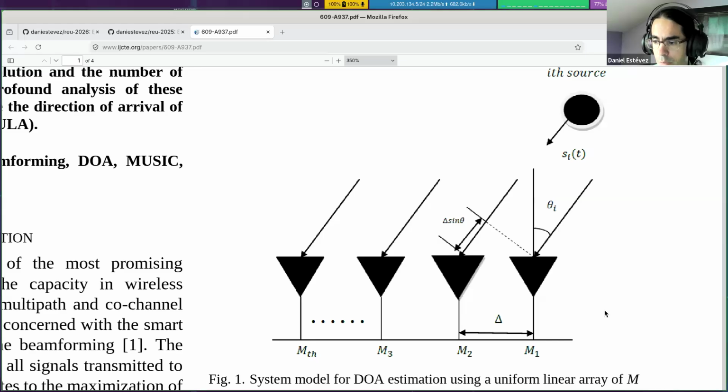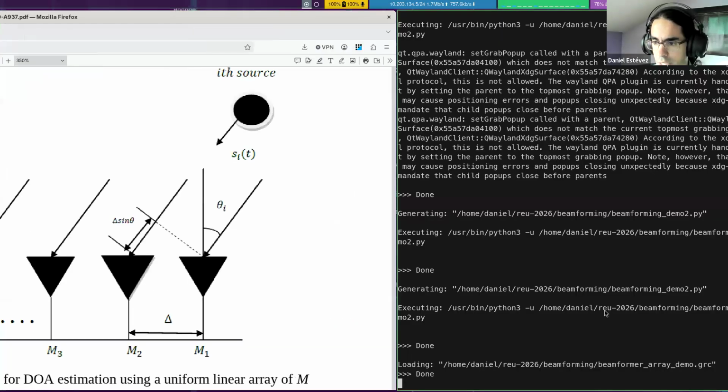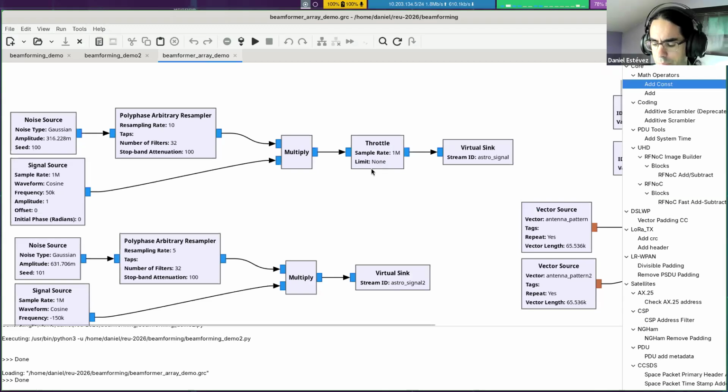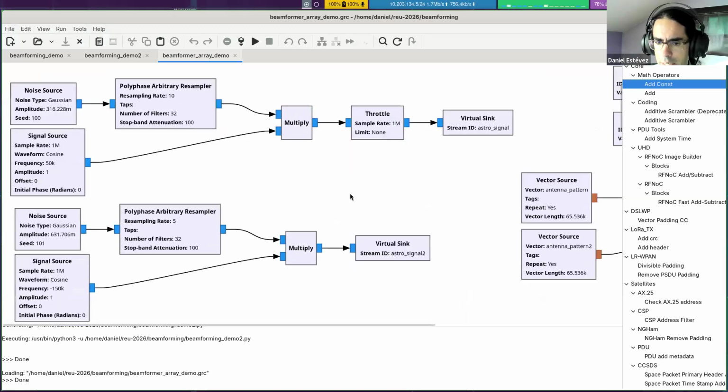So those are the limitations of beamforming, and what I have here is a demo of the 6-element linear array so that we can see it in action. What do I have? I have 2 astronomical sources, the same thing as before. I have different seeds for these, 100 and 1.